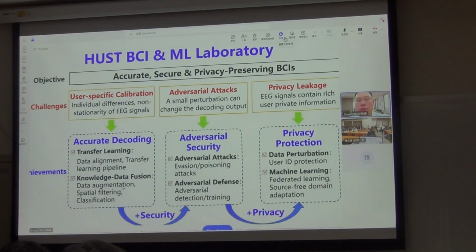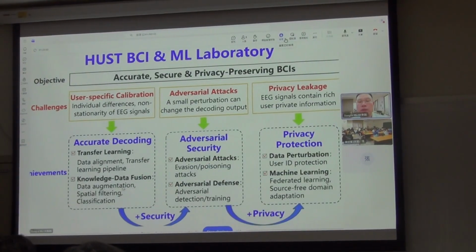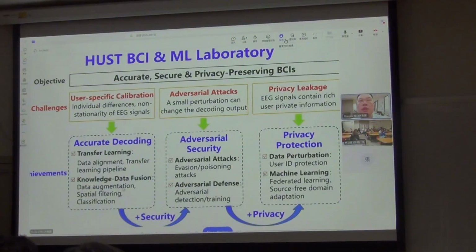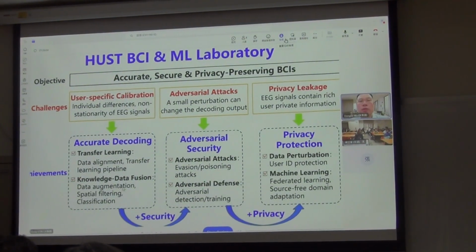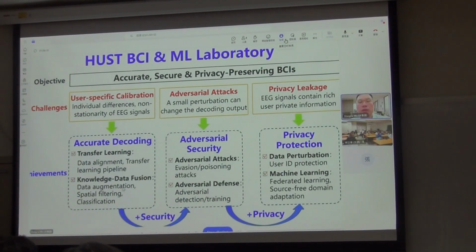And also we need to consider different aspects of the decoding. In addition to the traditional accuracy, we should also consider its security and privacy protection ability. Especially privacy protection is a requirement by different laws, including the General Data Protection Regulation of Europe and also the Personal Information Protection Law in China.